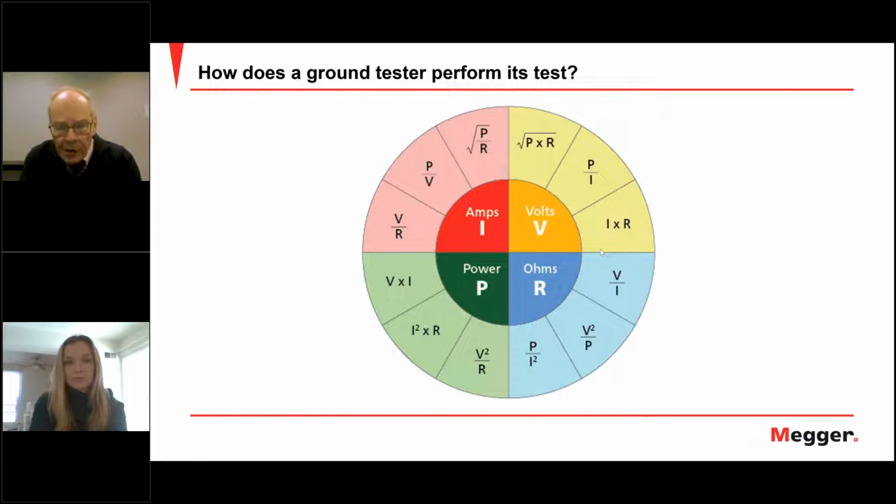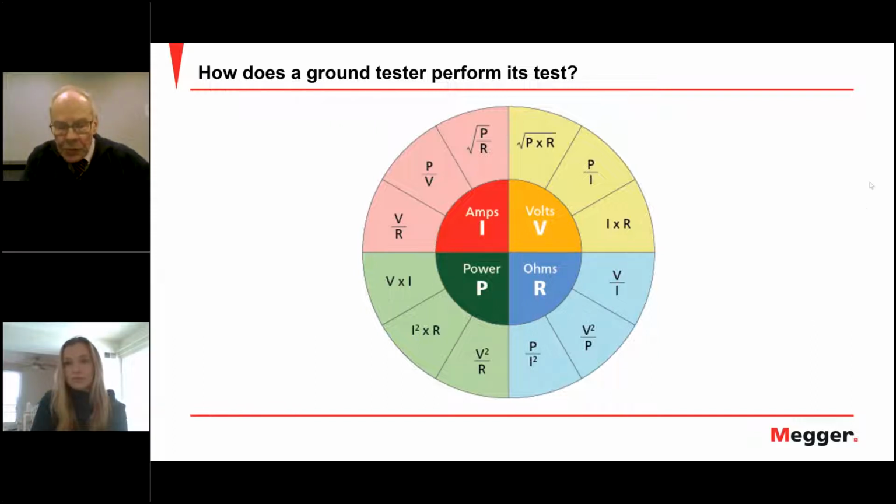It pretty much operates by injecting a current into the soil, which is the fundamental current that the tester is going to make its measurement from. Then the tester looks at the voltage drop caused by the resistance of the soil, and it knows those two parameters, and now it calculates a resistance reading. So you'll see a resistance in ohms on your display.